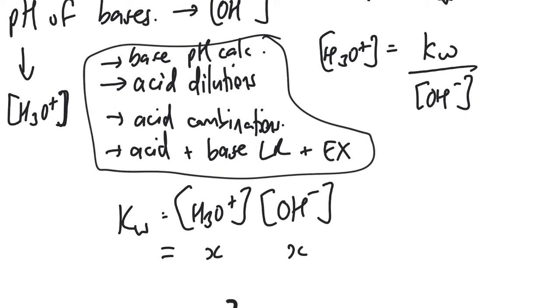Base pH calcs, which one, Riley? Okay, so if I say that I have 50 mils of a 1 molar HCl, and then I add in 250 mils of water, that's a dilution. You feel confident you'd be able to work out the pH of that? Make sense? Yeah? And then a combination is I have 50 mils of 0.4 molar HNO3, and then I add in 20 mils of 0.3 molar HCl.